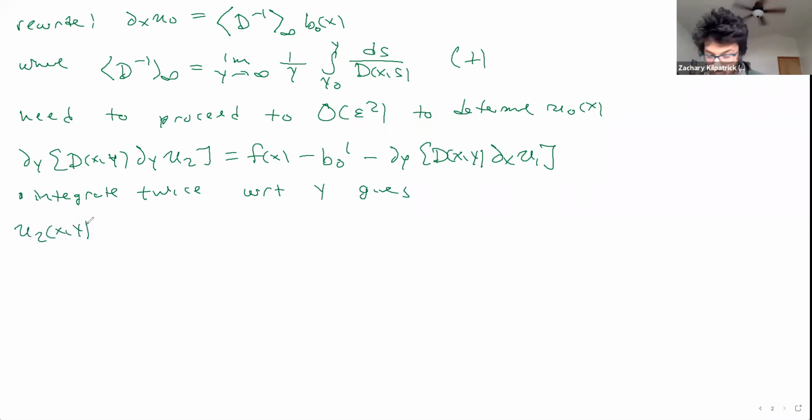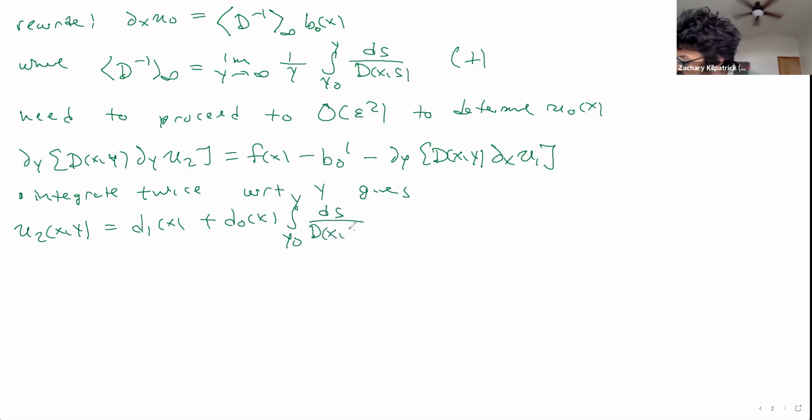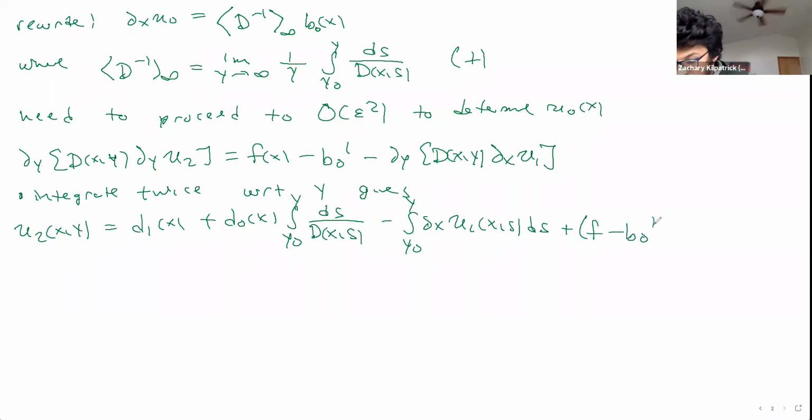So we get u2 x, y is equal to some general function d1 of x plus d0 of x times the integral from y0 up to y, the integral y0 up to y of dx u1 of x, s ds, plus f minus b0 prime times the integral y0 up to y of s ds over d of x, s.